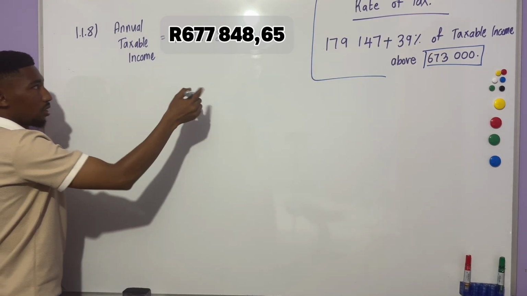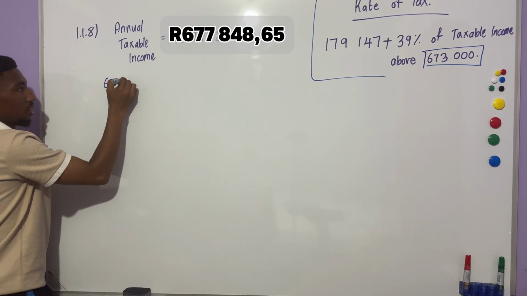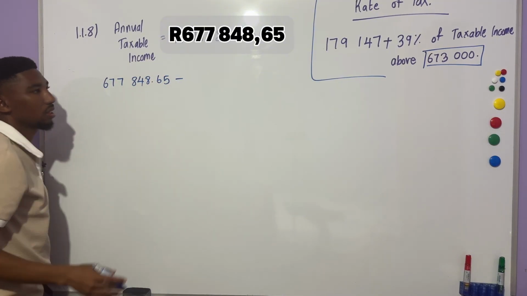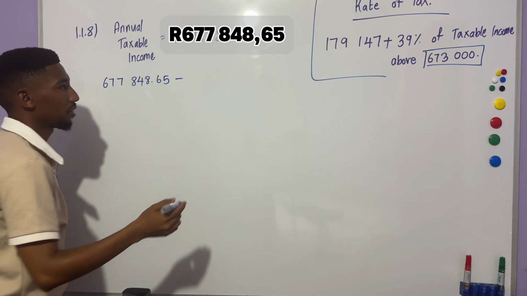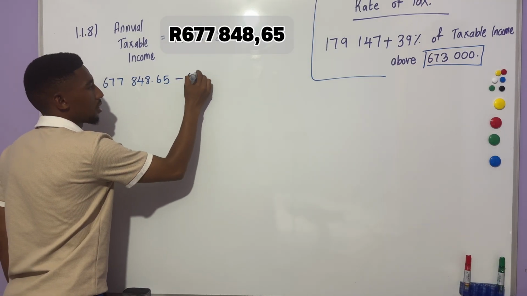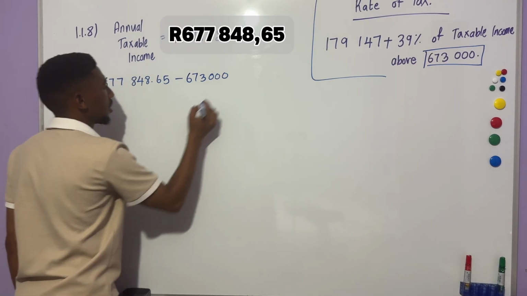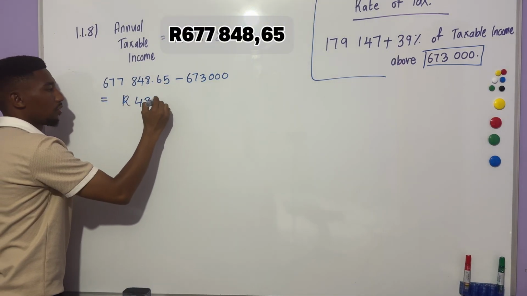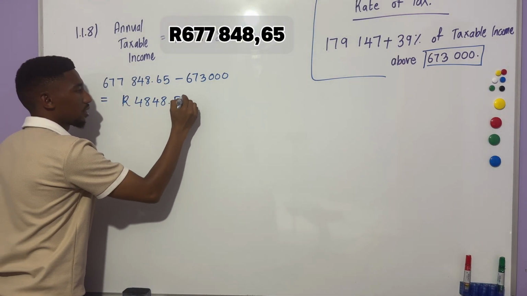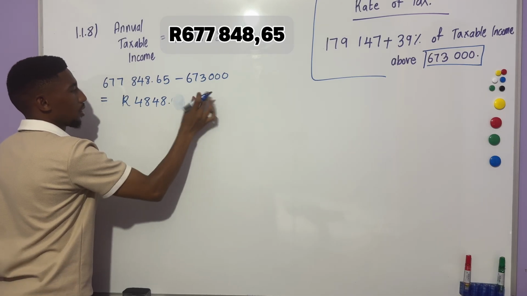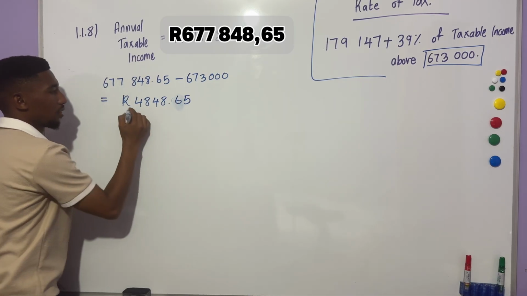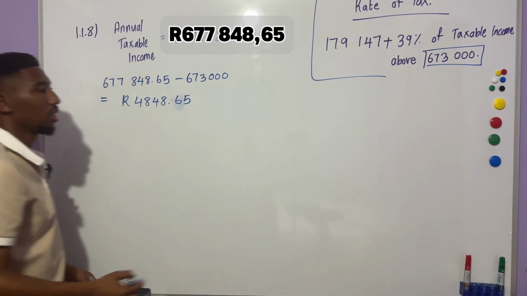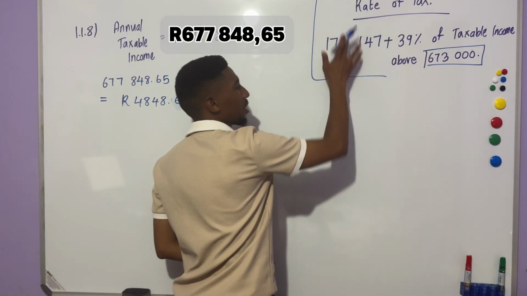So we have 677,848.65, and we subtract the number after "above", 673,000, and we have an answer of 4,848.65.